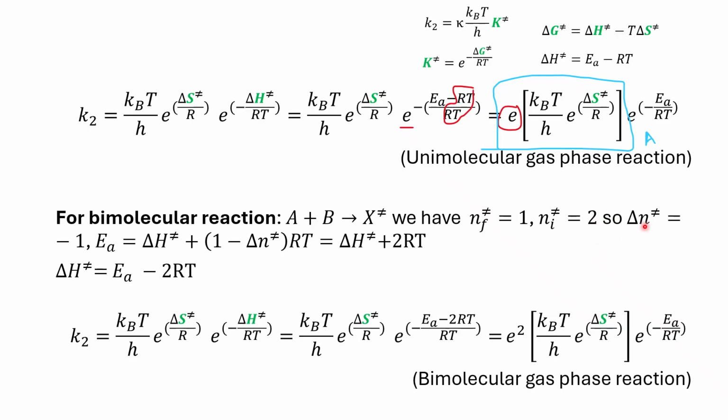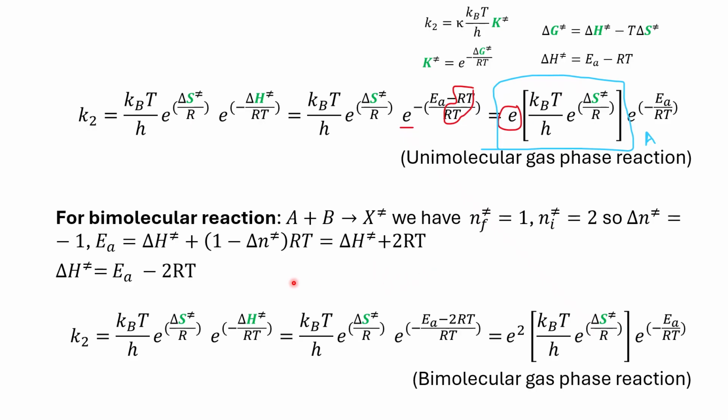So the delta n, the number of moles change in the formation of the activated complex, equals -1. If we substitute this -1 into the equation where Ea equals delta H plus 1 minus delta n multiplied by RT, we will get the equation whereby Ea equals delta H plus 2RT.